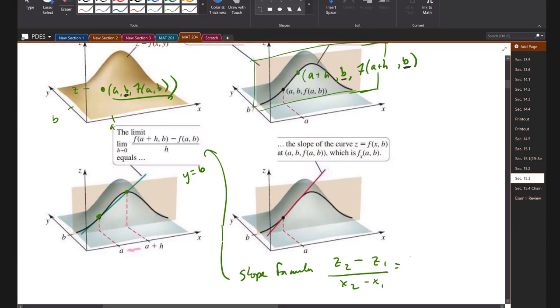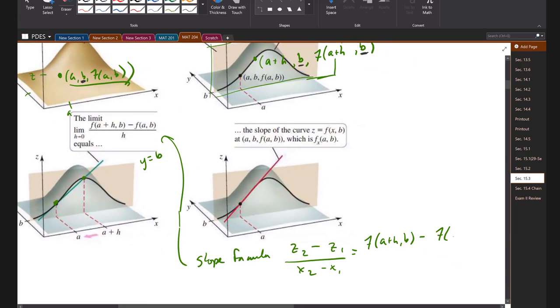But instead of writing z2, we're writing f(a + h, b), that's the second z value, minus f(a, b), that's the first z value, all over (a + h) minus a, and that's how we just end up with that h in the denominator of the slope of this secant line connecting these 2 points.